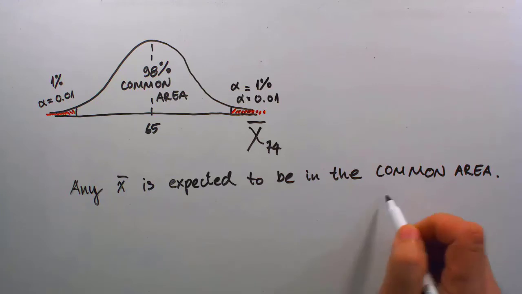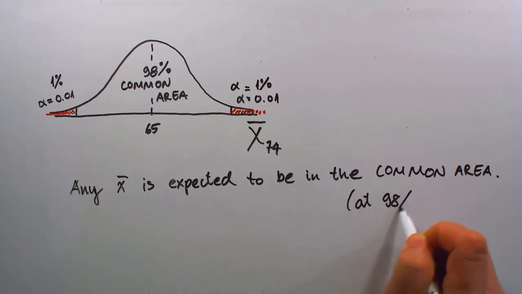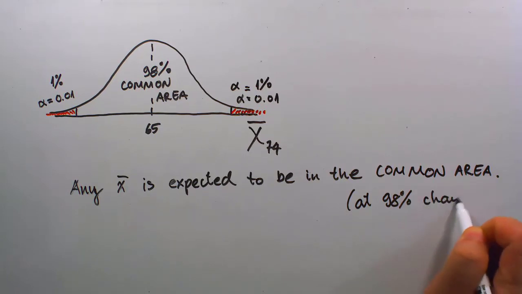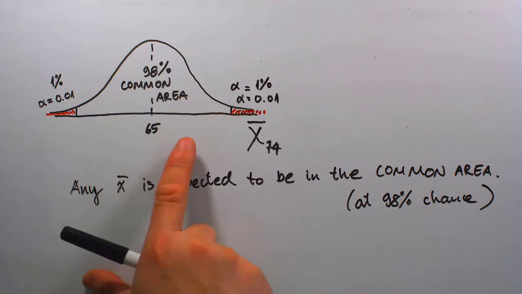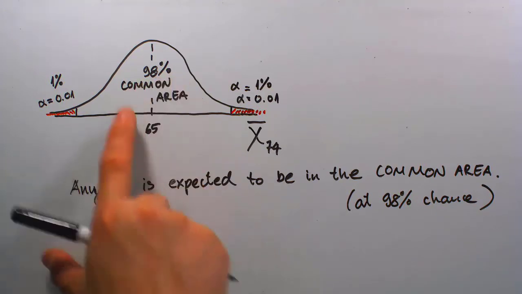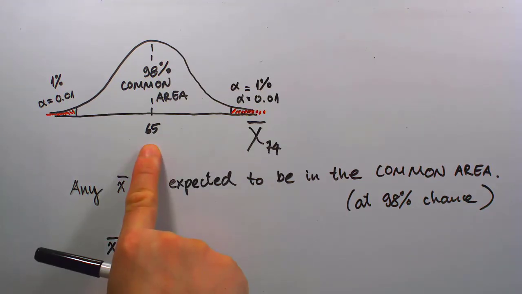And now I have to open a parenthesis and make a little note here. At a 98% chance, we should expect that any sample we picked is inside of this common area. But now our x bar sample mean value is 73.65. Yes, it's to the right hand side of 65.